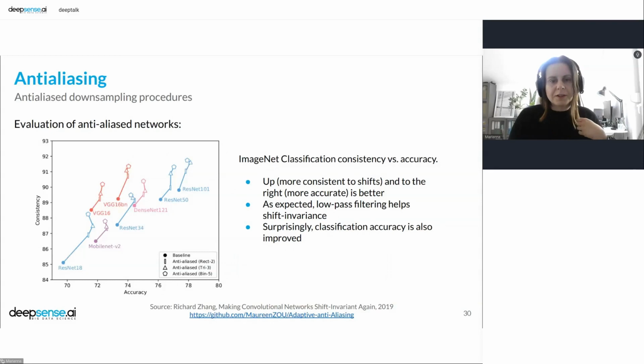And on this graph, we can see that, as expected, the anti-alias networks have a higher consistency of the results for transformed images. My intuition was that the use of blurring can make general classification actually worse. Surprisingly, the authors claim that classification accuracy is also improved.